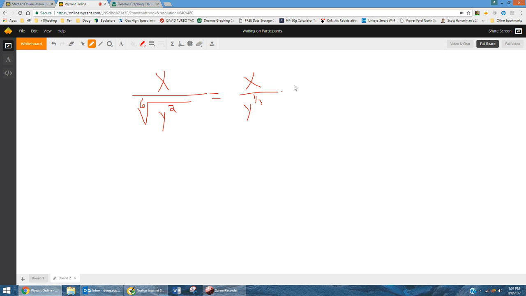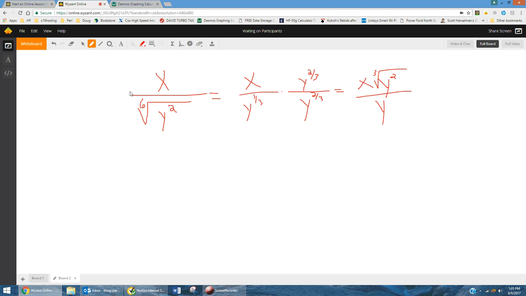So what do I have to multiply by so that I end up with a 1 for the exponent? 2/3. y to the 2/3. So that's x times the cube root of y squared over y to the first. So I've rationalized the denominator.